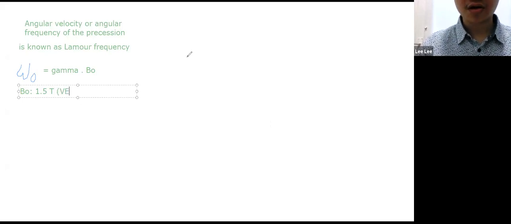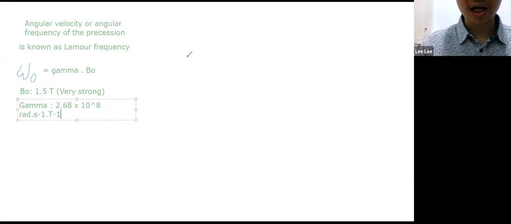Usually, this one is very strong already. Then gamma has a value of 2.68 times 10 to the power of 8 radian per second per Tesla.